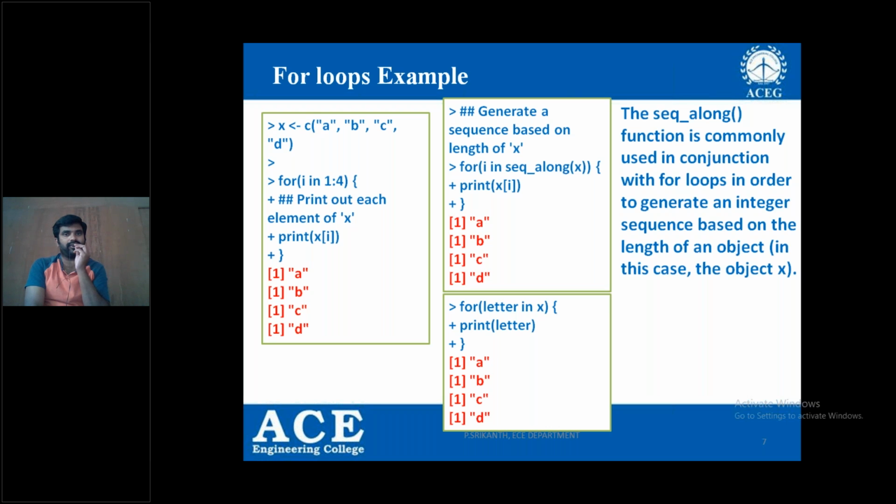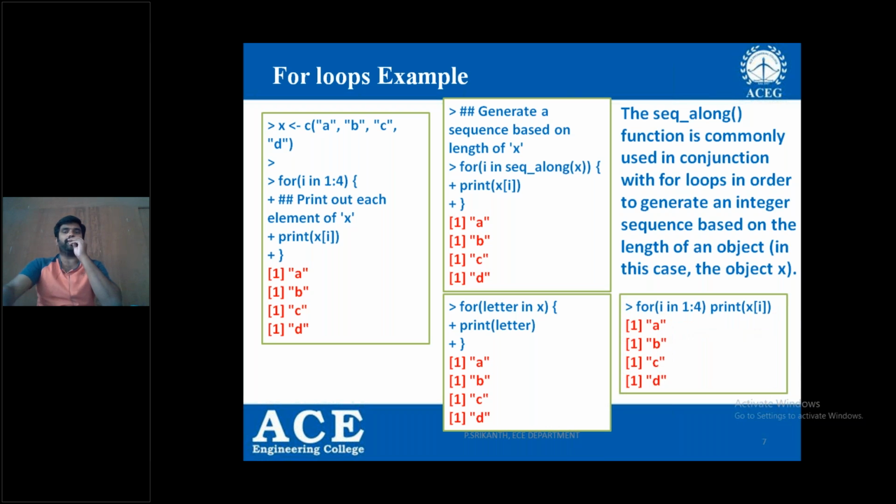Until the letter exists in x, it cannot execute the code. Once the letter exists, it returns the letter and prints it in the console window. It is another way of using the for loop, right?